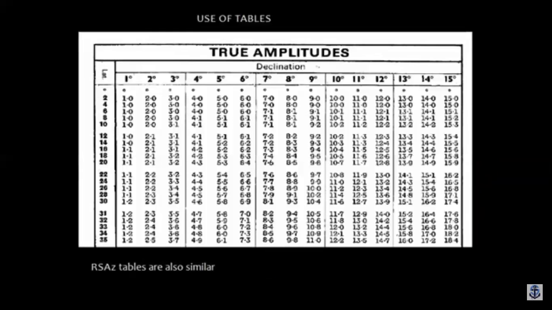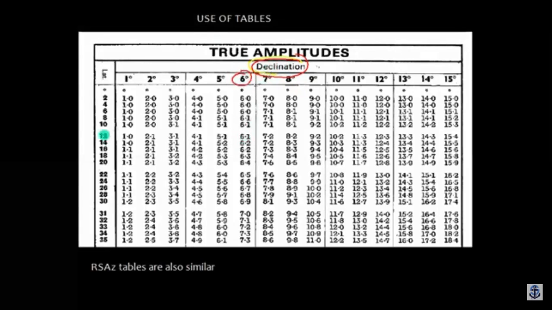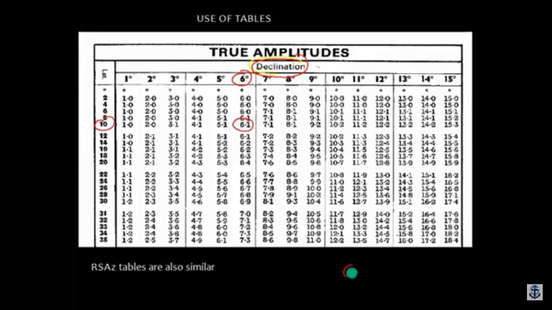Now, how do we use the traverse table? We can take out the amplitude if we have the declination and the latitude. For example, declination is 6 degrees and latitude is 10 degrees, so amplitude is 6.1 degrees.